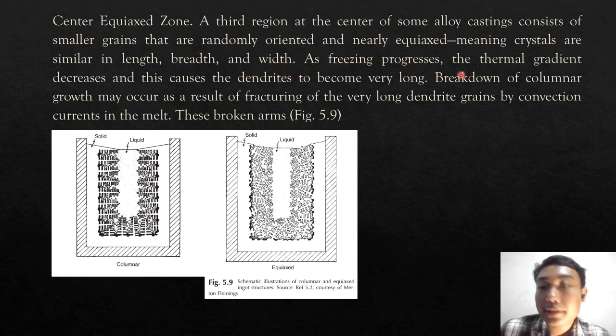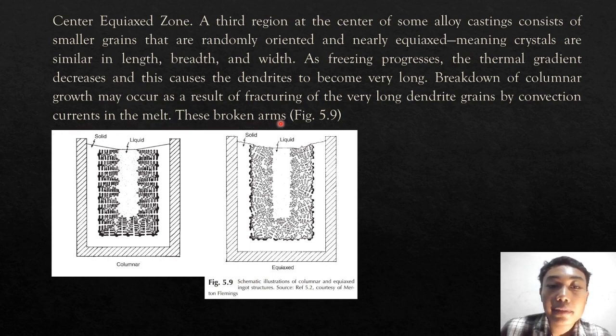As the freezing process continues, the thermal gradient decreases and this causes dendrites to become very long. Breakdown of columnar growth may occur as a result of fracturing of the very long dendrite arms by convection currents in the melt.